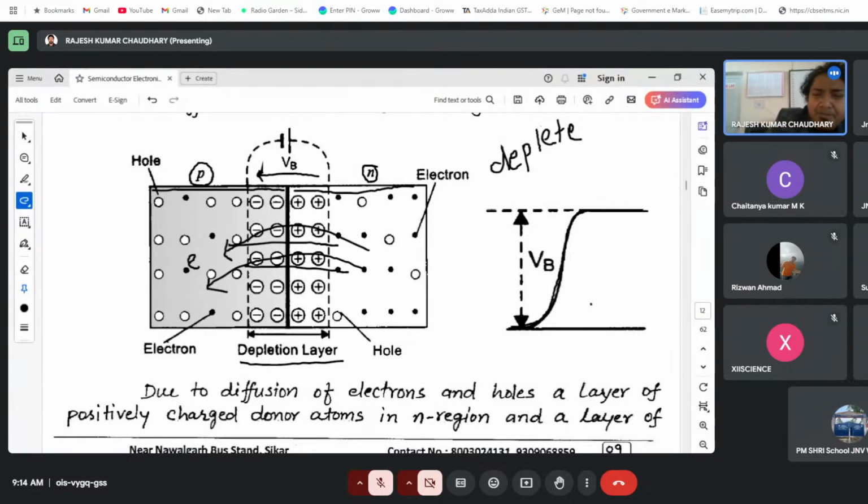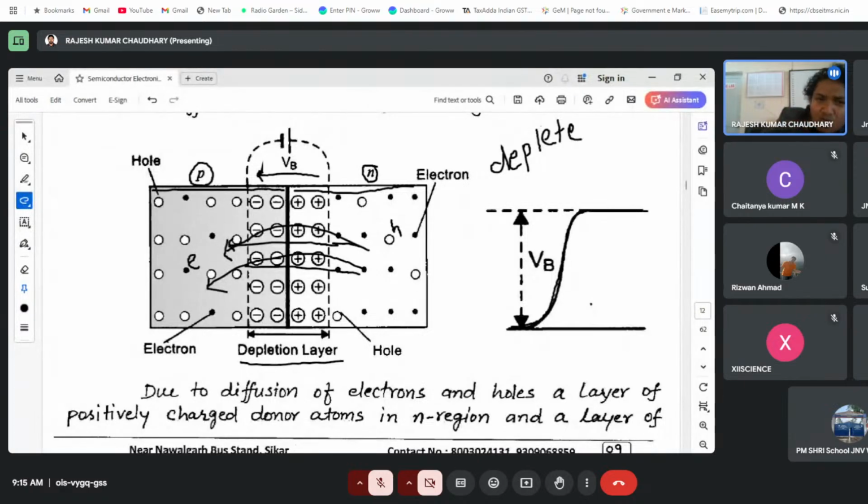We know that in a p-type semiconductor, electrons are minority charge carriers, and in an n-type semiconductor, holes are minority charge carriers. And we also know that an electric field tries to move positive charge in its own direction. Please try to understand. This is a hole, and this is the electric field having this direction.